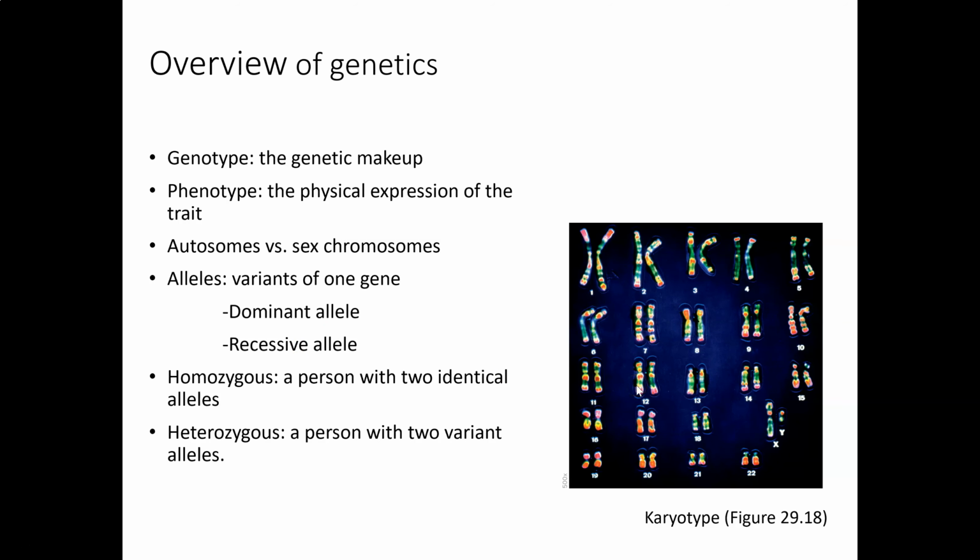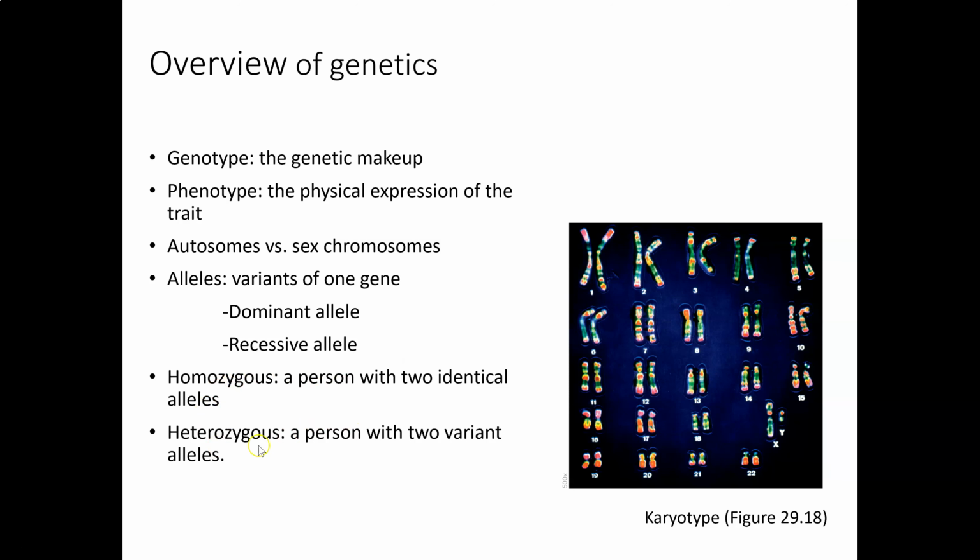Because everybody carries 2 alleles, two chromosomes, 2 alleles, if you only carry one recessive allele, it won't get expressed. Only if both of the alleles you carry are recessive variants of the gene is the phenotypic trait going to be expressed. So that's called a recessive allele.